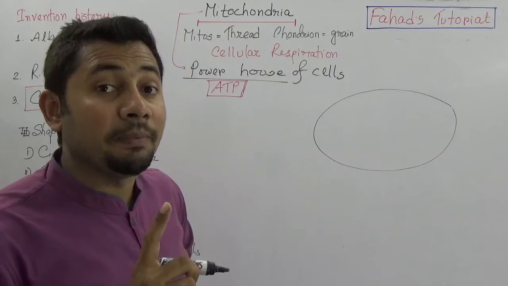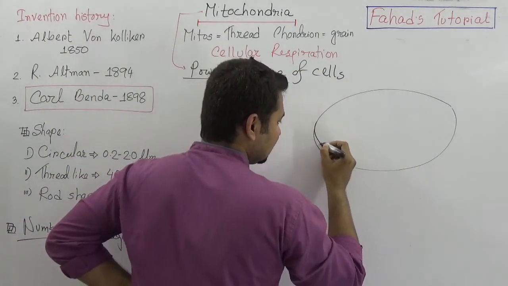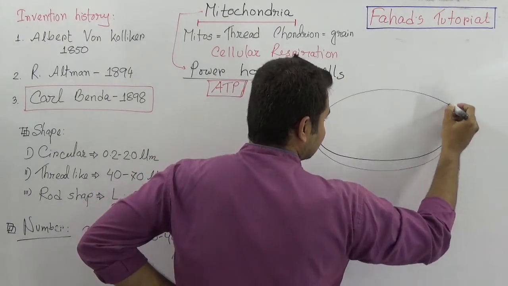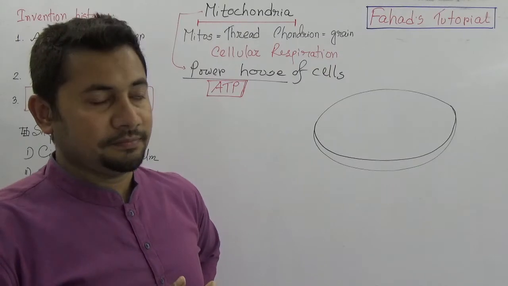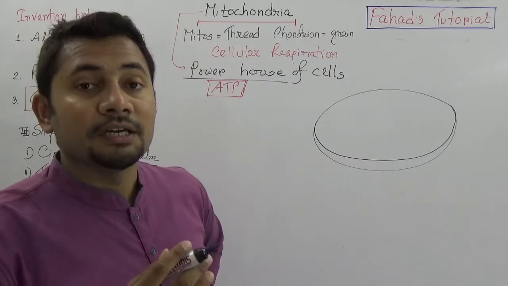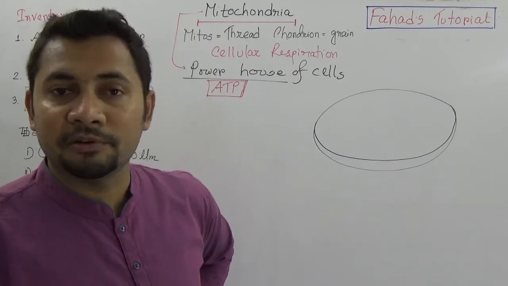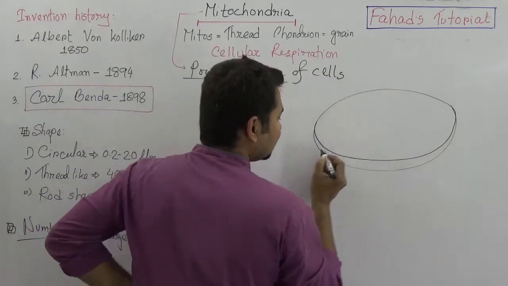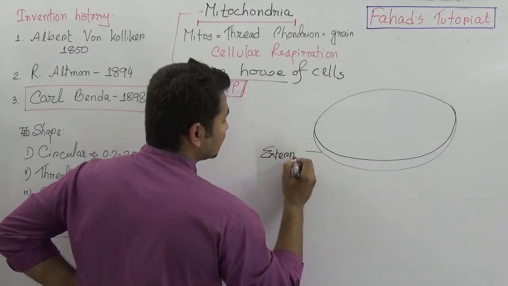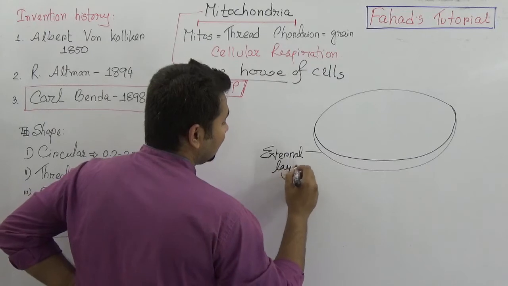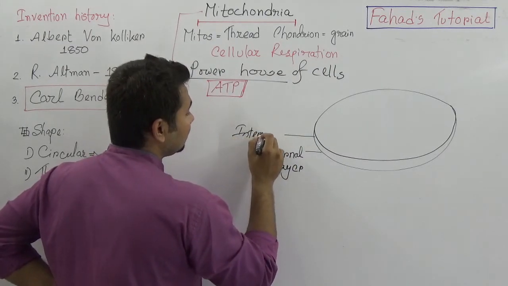We say this is a bilayer, and these layers are made up of lipid and protein, so they are made up of lipoprotein. This is the external layer, and this is the internal layer.